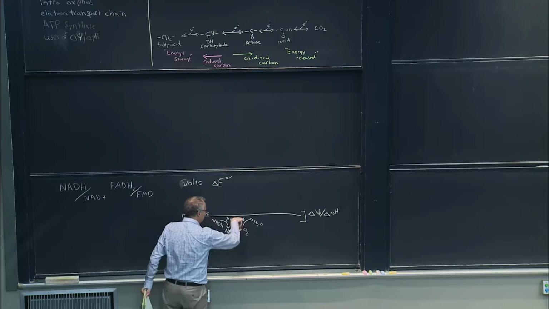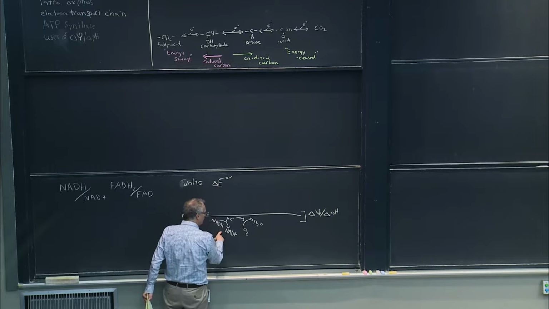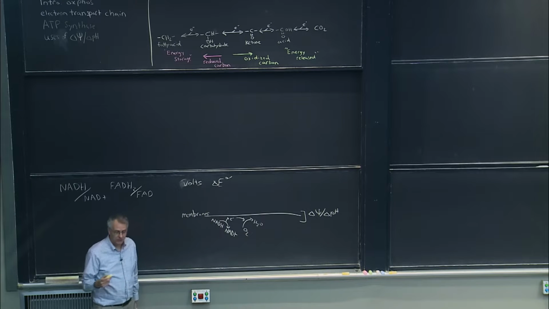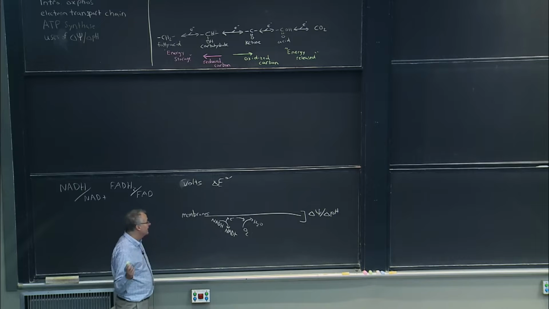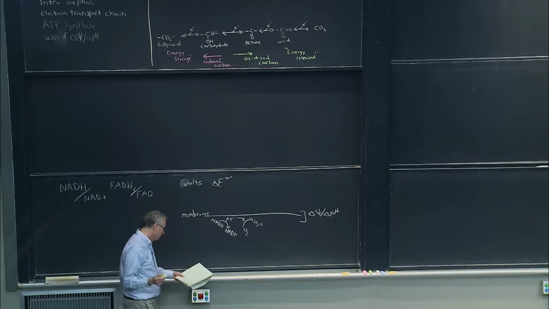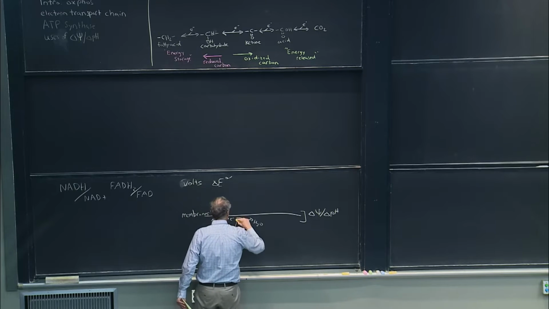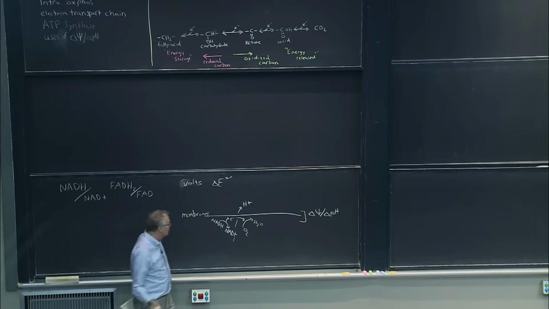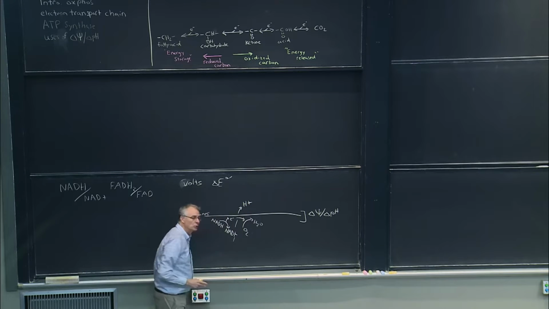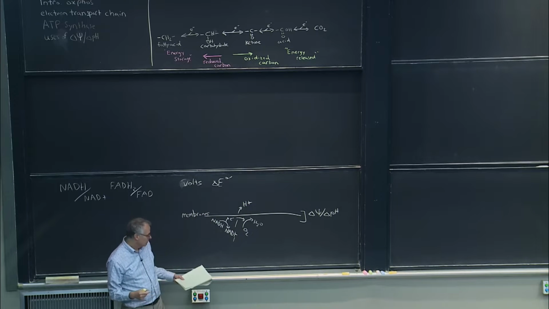That is moving from a lower to a higher standard reduction potential. That's favorable. Delta G°' is negative. Net transfer is favorable. This can be coupled to doing some work that otherwise would be unfavorable, in this case pumping protons from one side of the membrane to another.